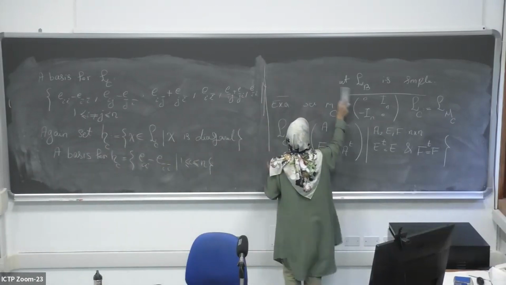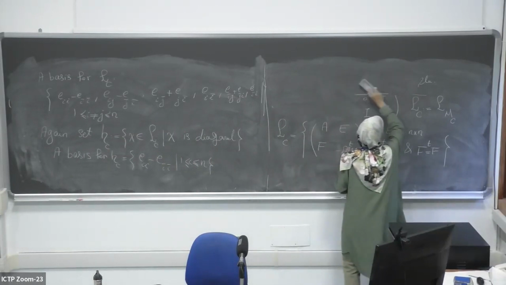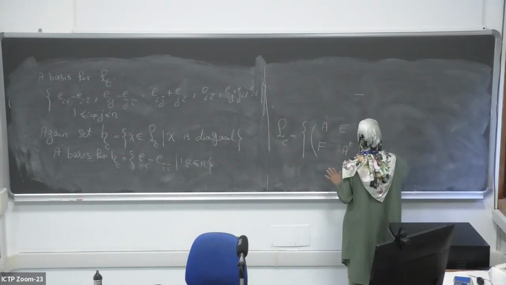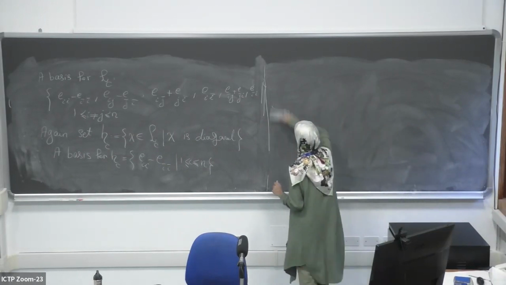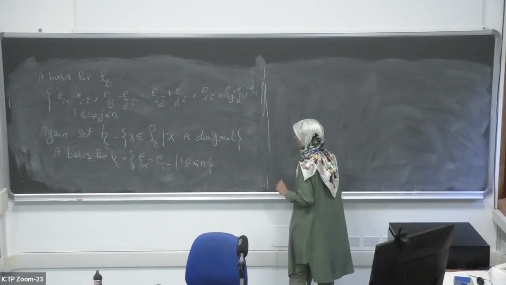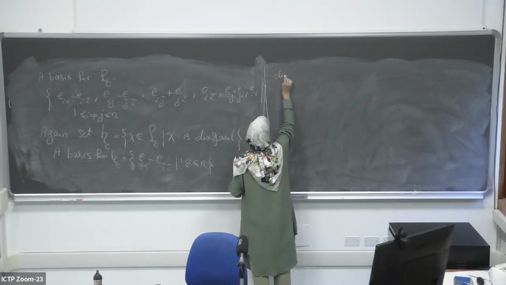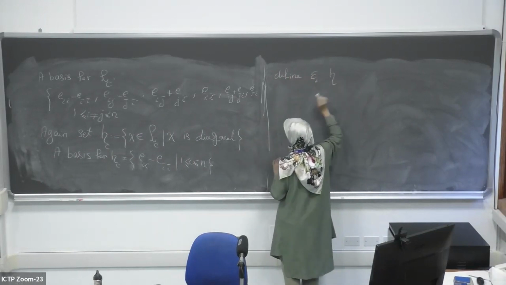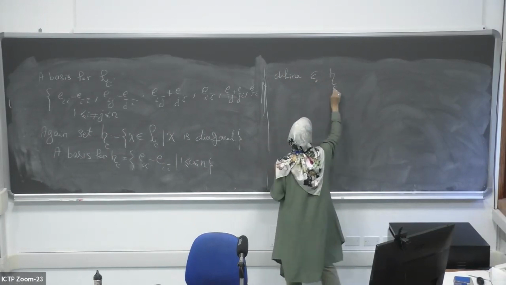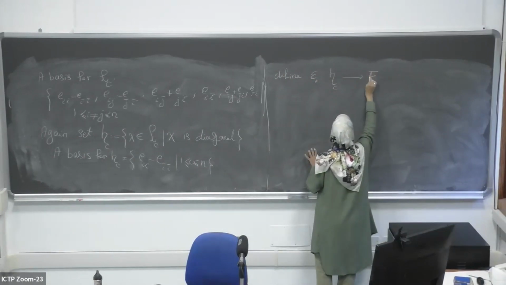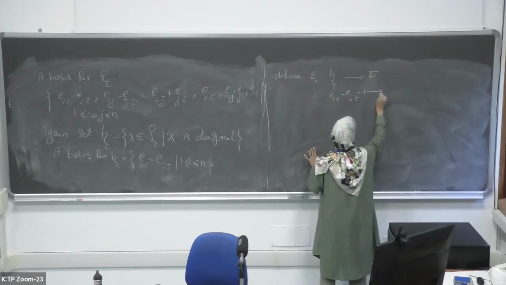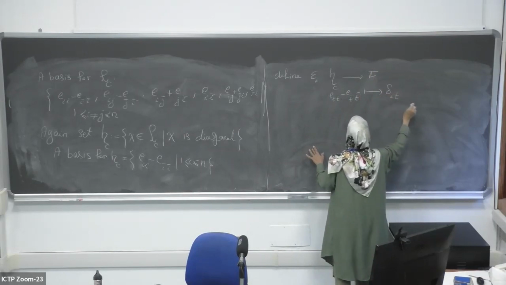Then we can define some functional epsilon_i from H_C to F, mapping E_tt minus E_t̄ t̄ to delta_it.